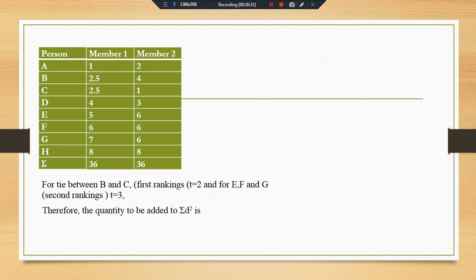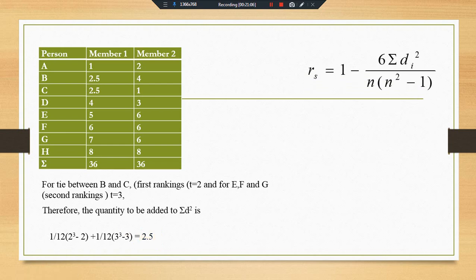Therefore the quantity to be added into summation D square in the formula of rank correlation, we have the formula here 1 divided by 12. So T, here we have T is equal to 2, so that's T cubed minus T for 2, and in the second part we have T is equal to 3, so T cubed minus T for 3, and we get the answer of ties is equal to 2.5.